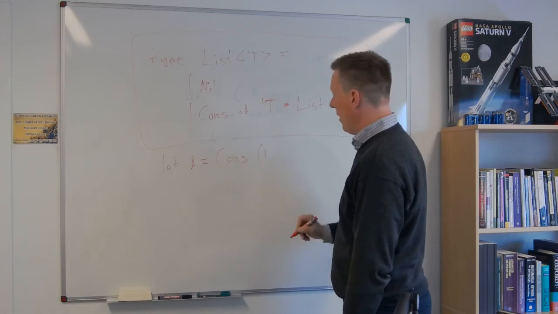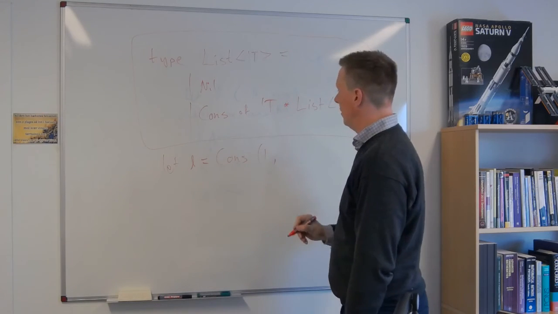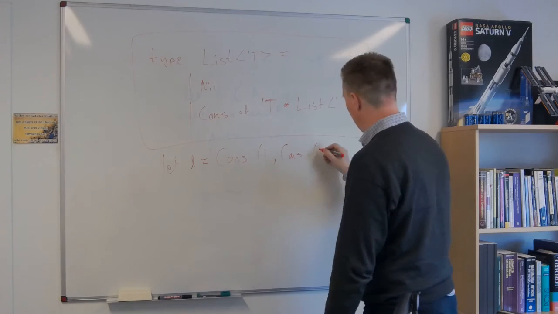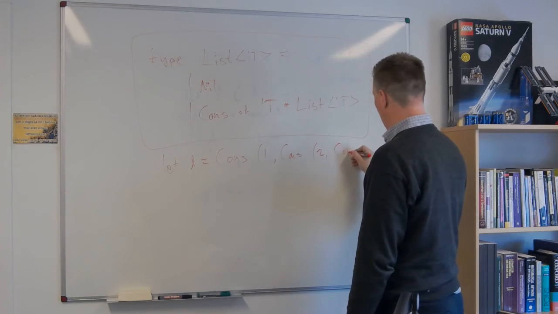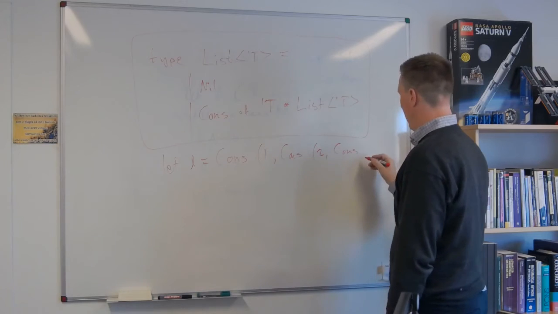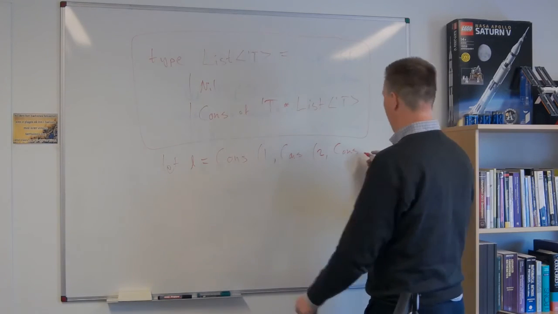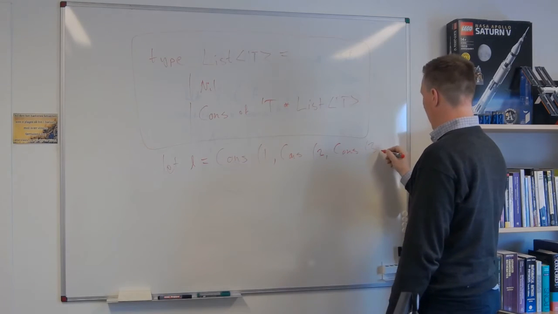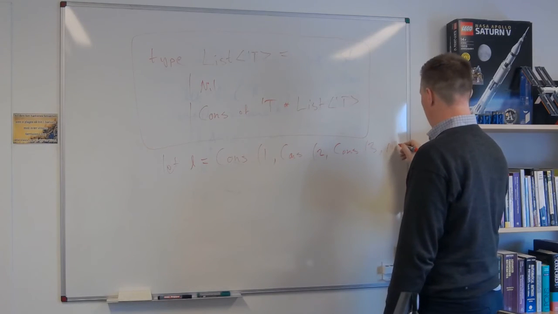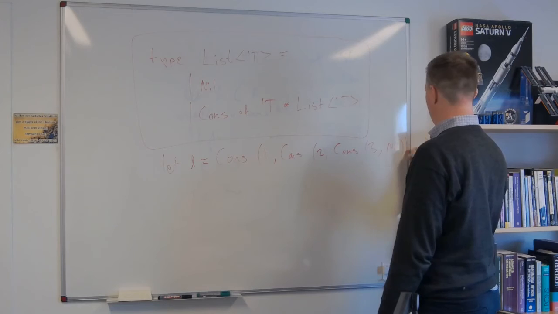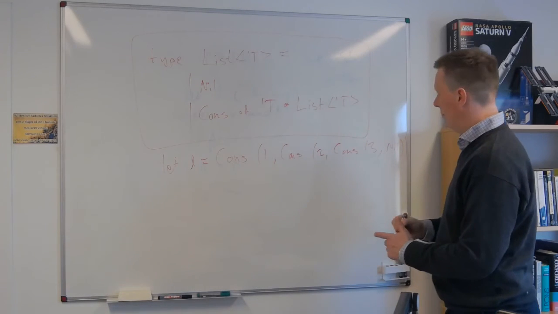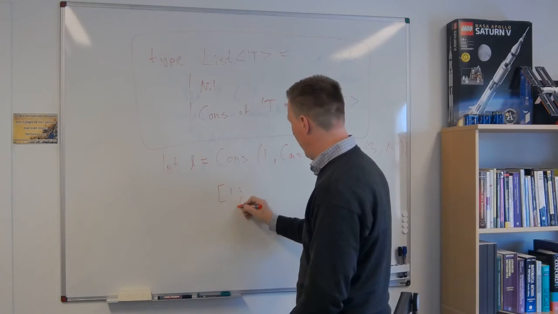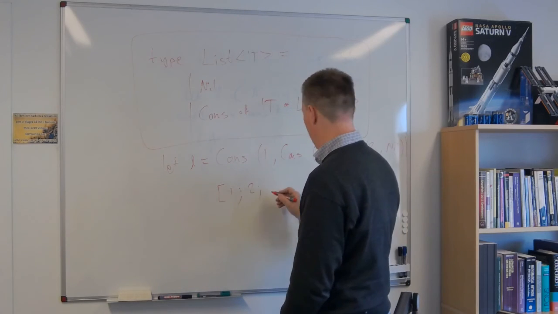Now we can say 1, comma, cons takes a pair, 2, comma, cons, okay, cons takes a pair again, 3, comma, nil. This is the list which we also can write 1, 2, 3.